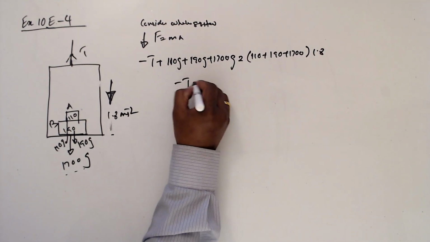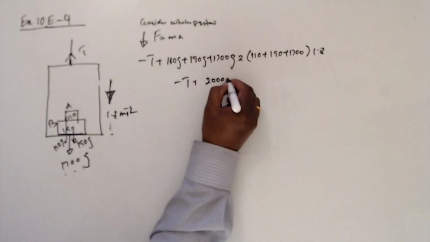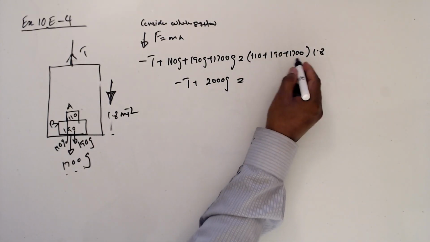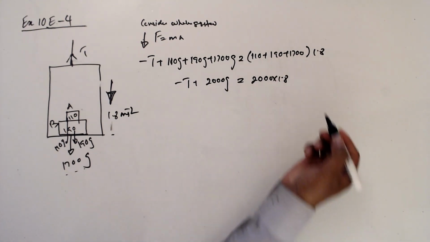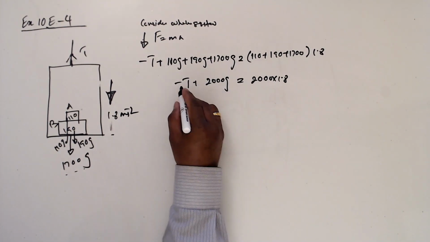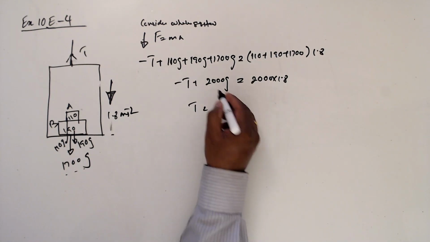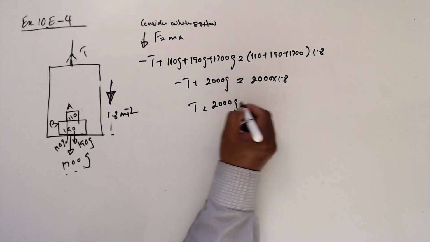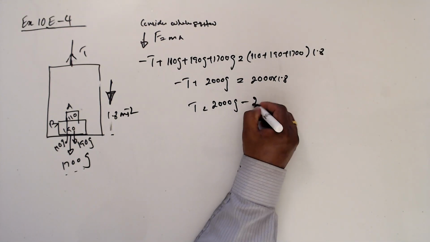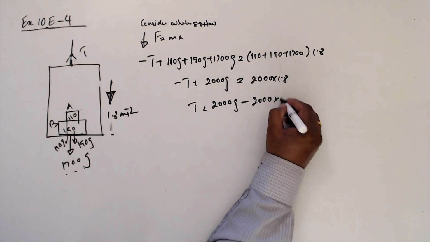So this is minus T plus 2000 g, equal to 2000 times 1.8. I'll bring T to the other side, so T equals 2000 g minus 2000 times 1.8.